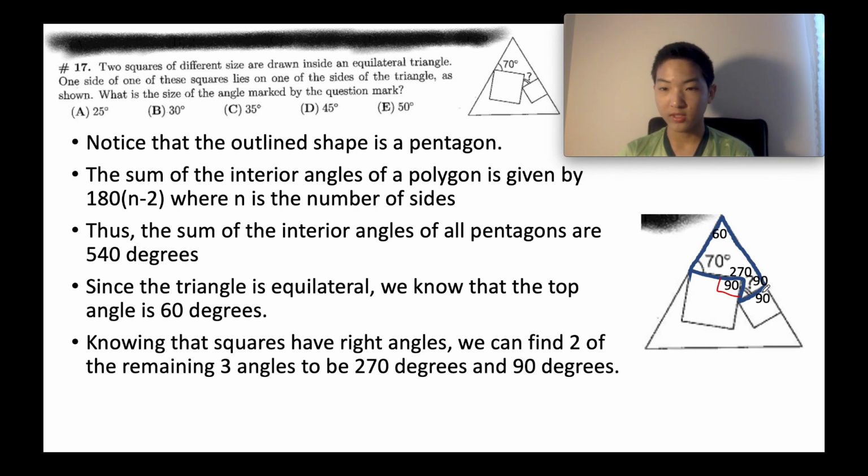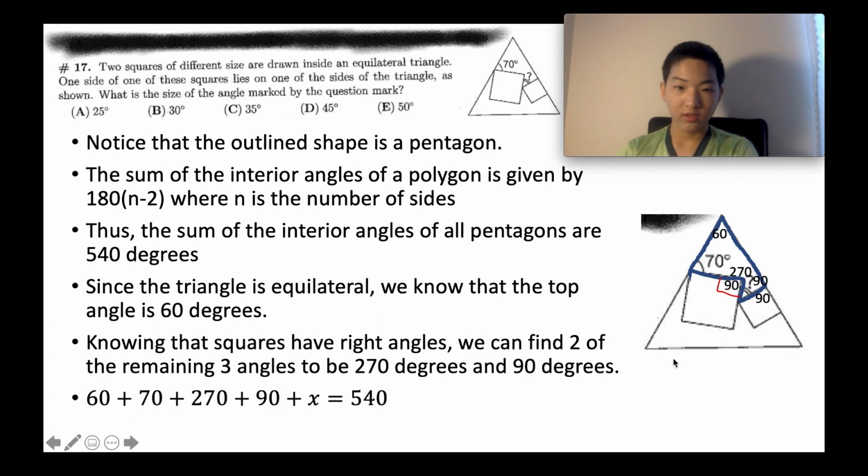This angle plus this 90 degrees must be equal to 180 degrees, so that's also 90 degrees. So we have the 4 angles that we know plus the unknown angle, which the question is asking for, must be equal to 540. So the unknown angle is 50 degrees, E.